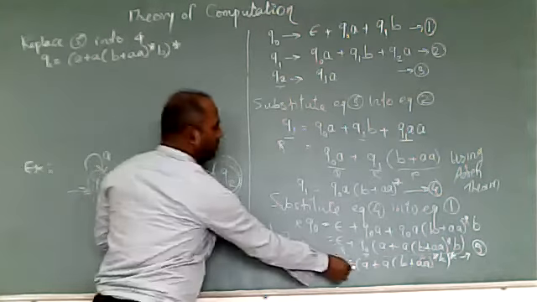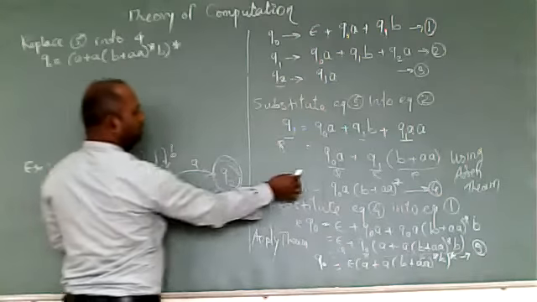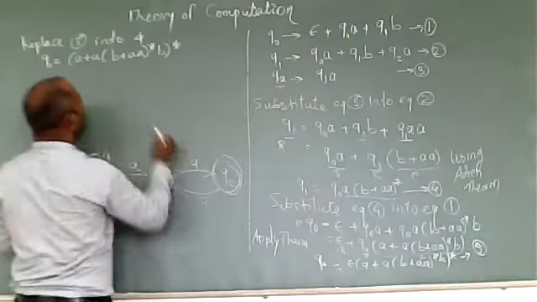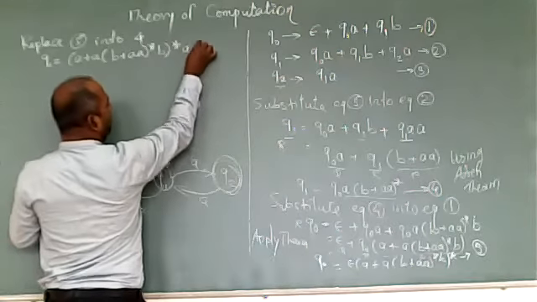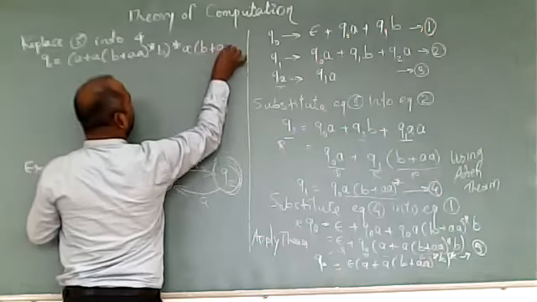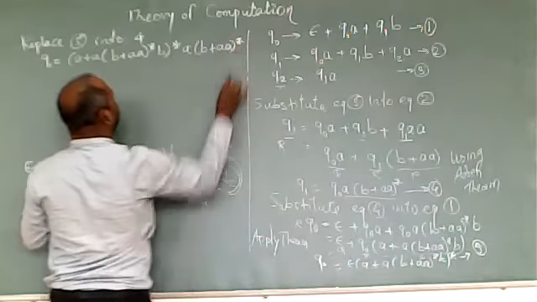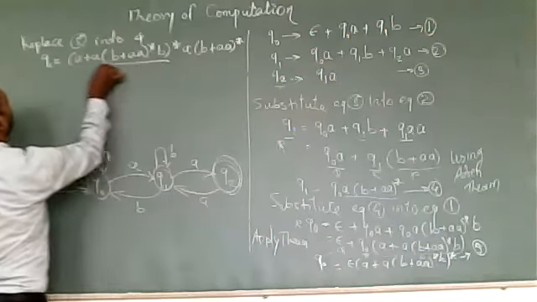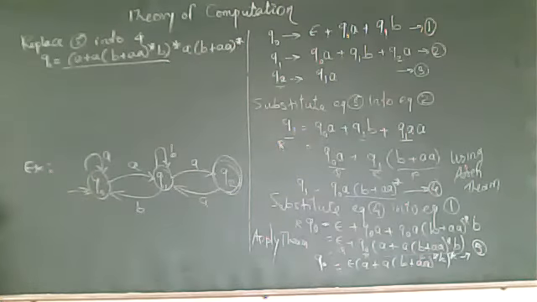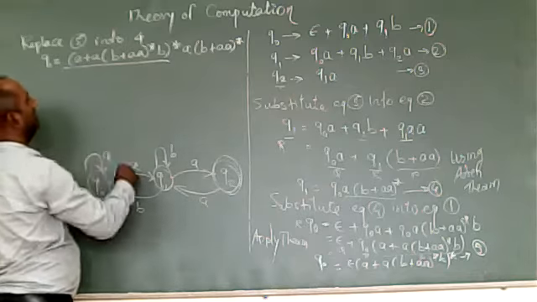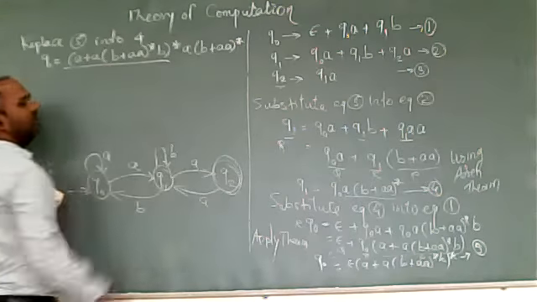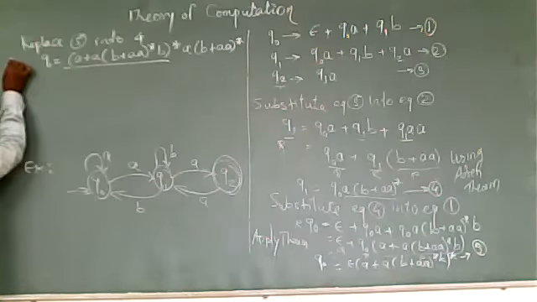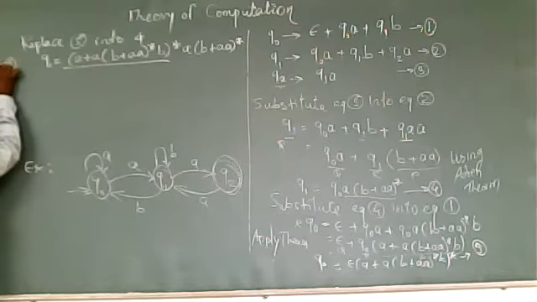So this is what your Q0 is, and this is the remaining part. So Q1 will become this complete regular expression. We'll name this equation 6.